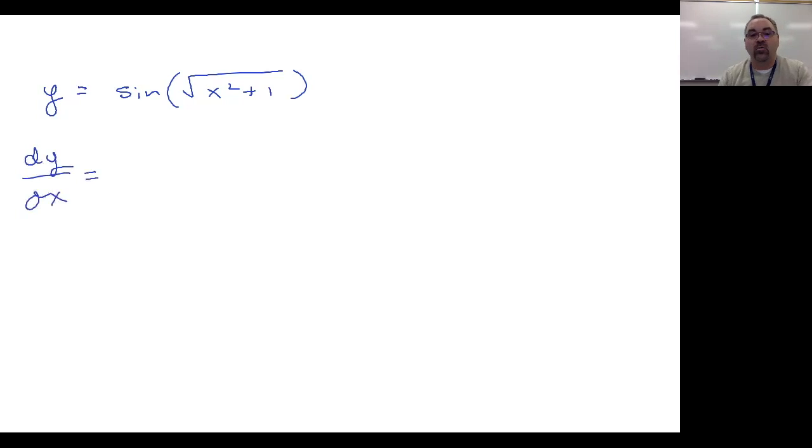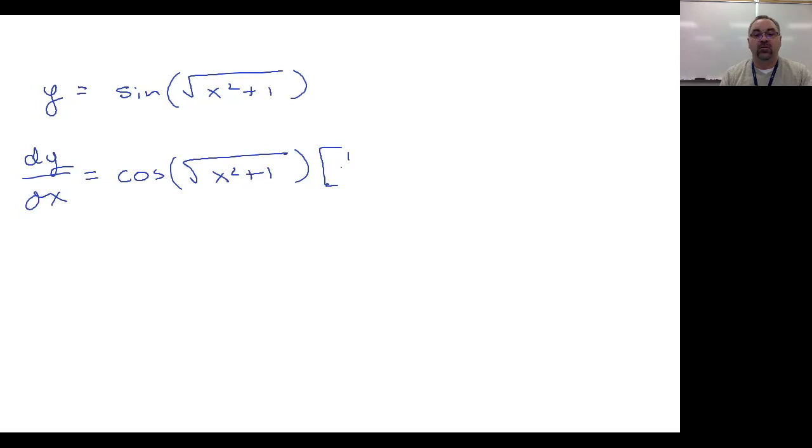Okay. We start with the outermost function. We start with the sine, so we get cosine the square root of x squared plus 1. See, I didn't change anything else. But now the chain rule says, wait a minute, you're not done. That inside function, square root of x squared plus 1, what's its derivative?